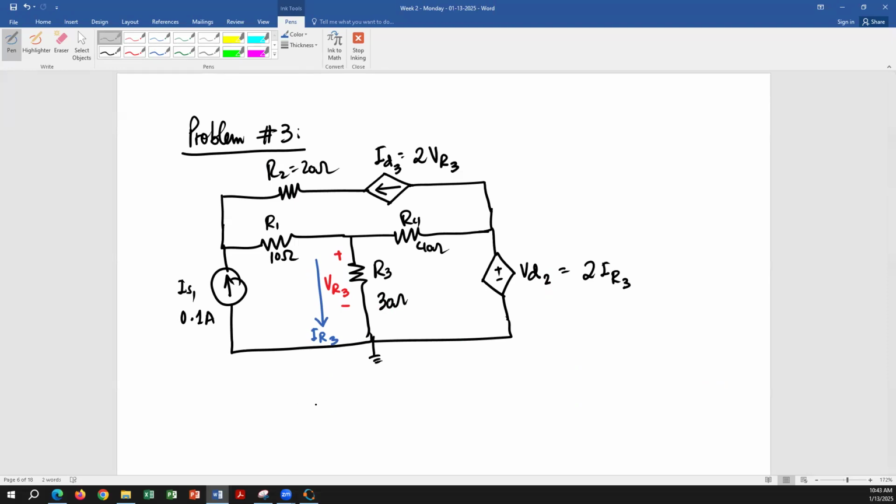All right, what is the question? So the question is: determine the output power of each source.